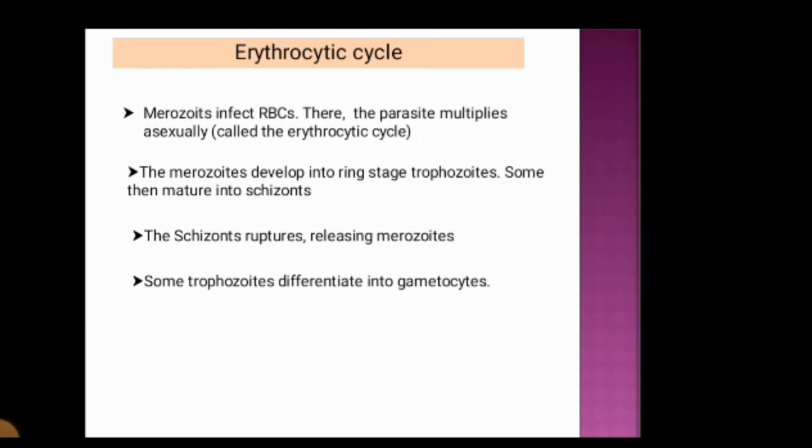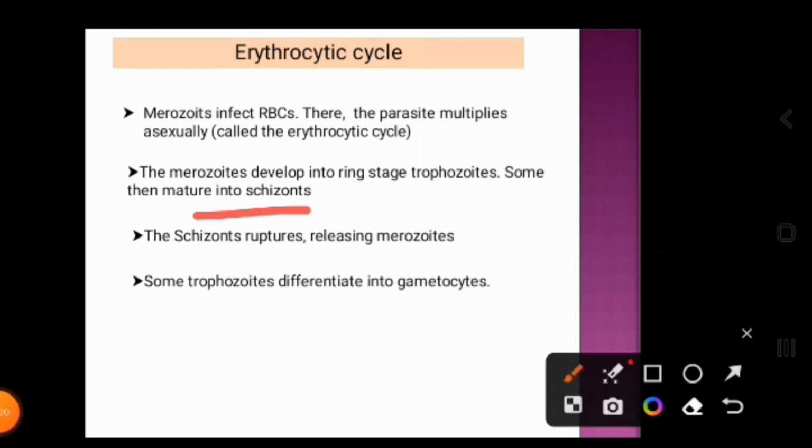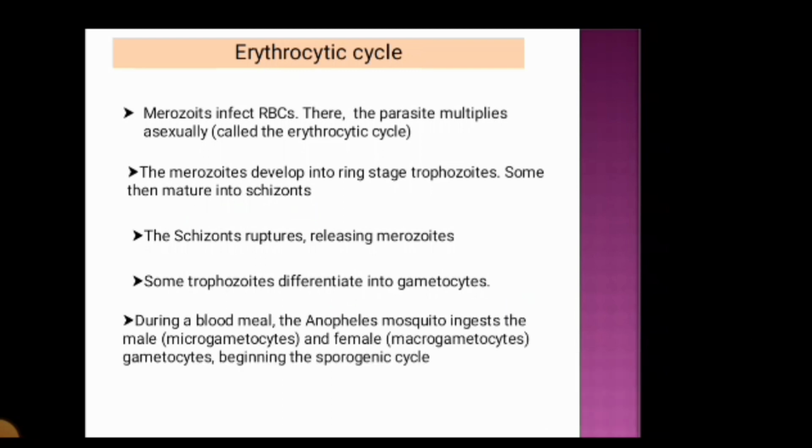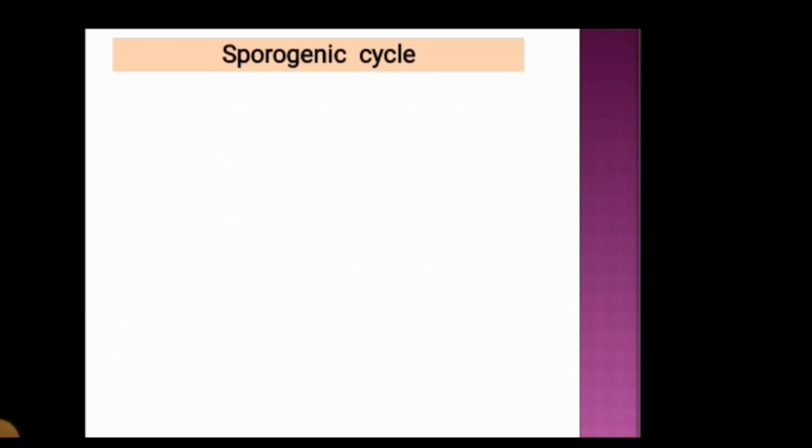Some trophozoites differentiate into schizonts and some trophozoites differentiate into gametocytes. And these gametocytes are the precursor for sexual reproduction. During a blood meal, the Anopheles mosquito ingests the male, that is microgametocytes, and female, that is macrogametocytes, beginning the sporogonic cycle.